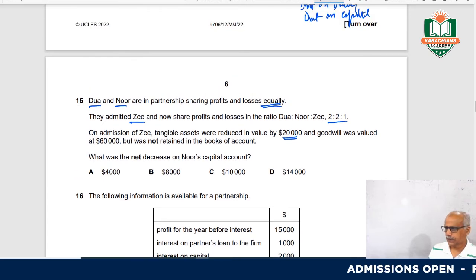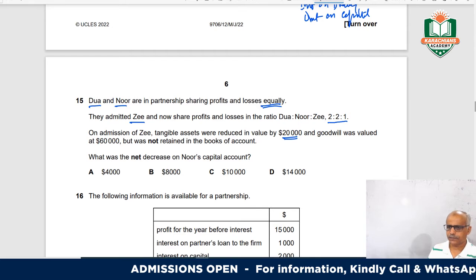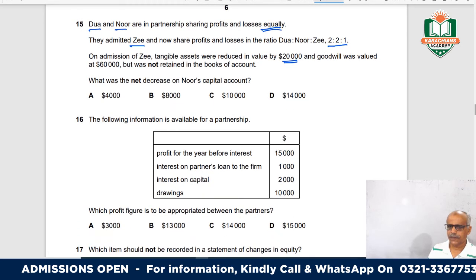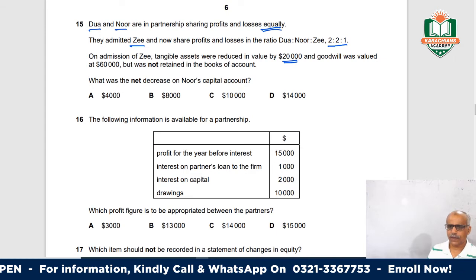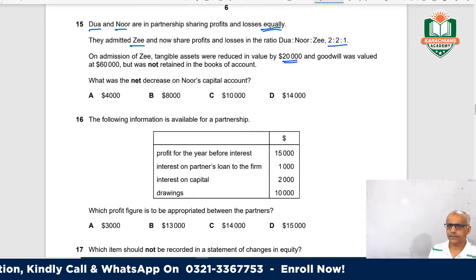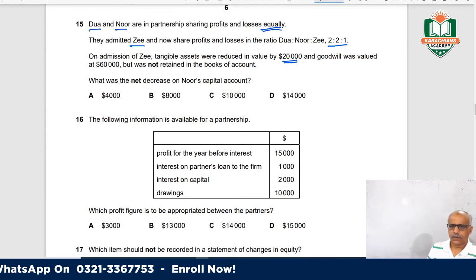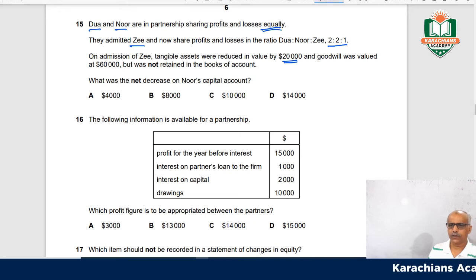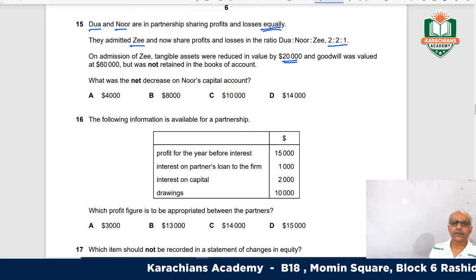Okay, here I have more place, I can do it here. Tangible assets reduced by 20,000, this I have explained to you. The goodwill is valued at 60,000.